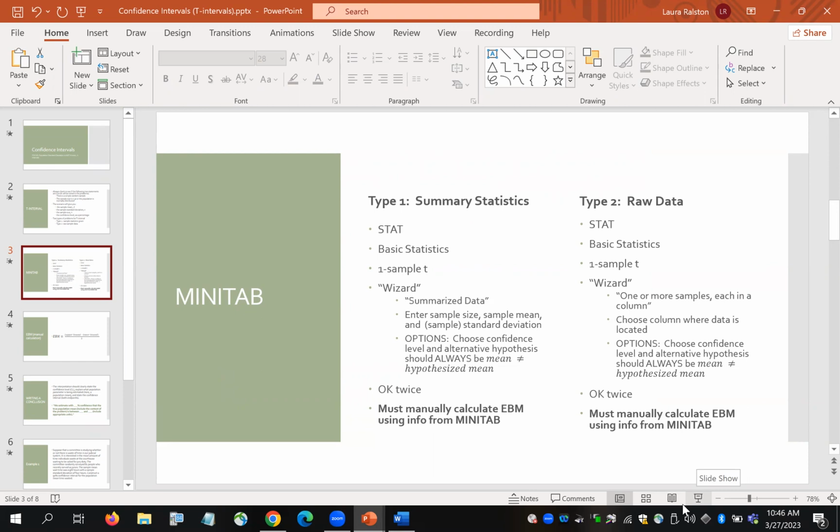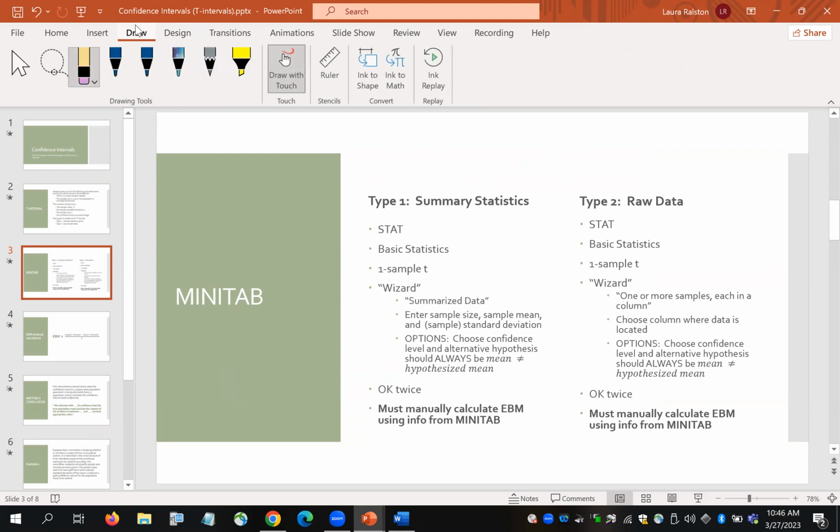The primary difference is you're going to choose the command 1 sample T instead of Z. But beyond that, the process or the clicks are virtually the same. You'll still be given or calculating the lower bound and the upper bound.